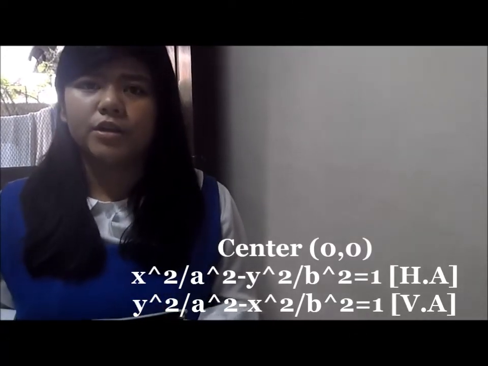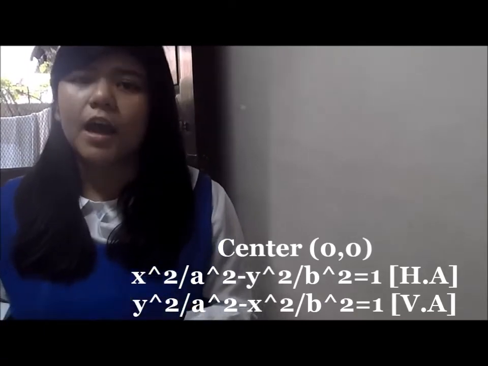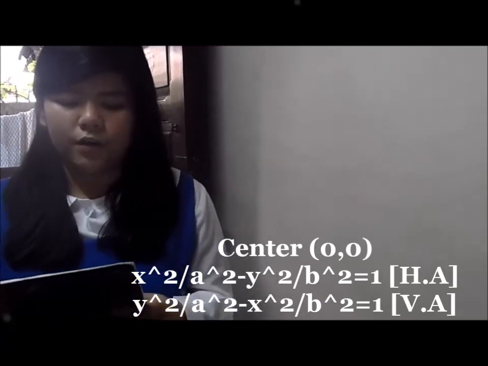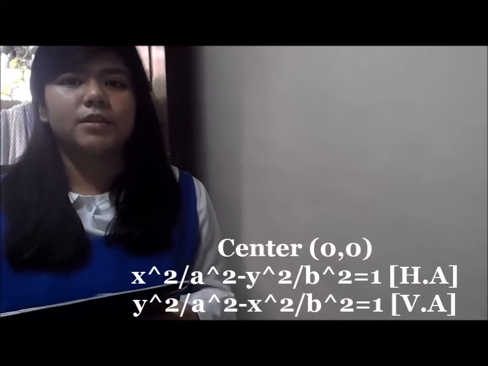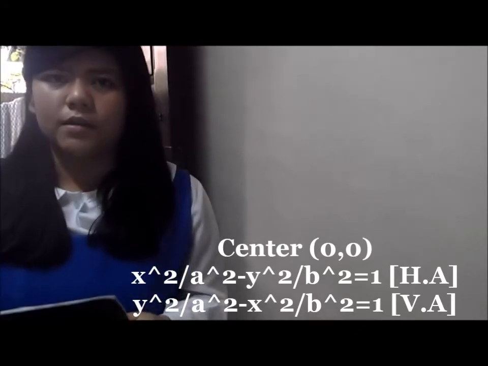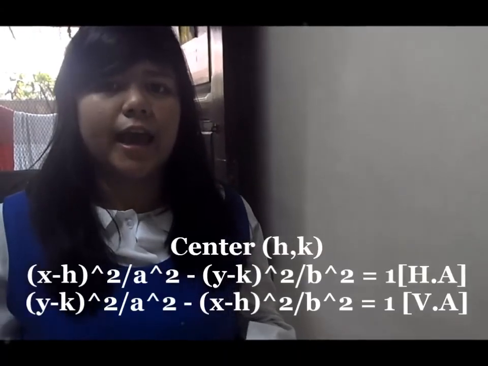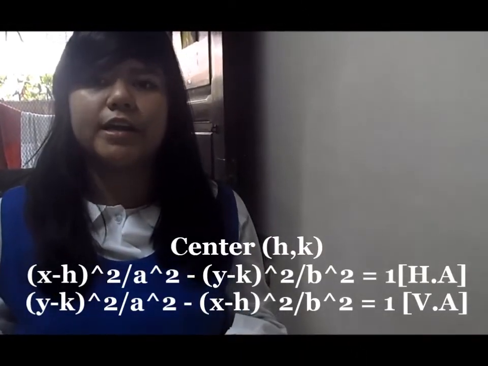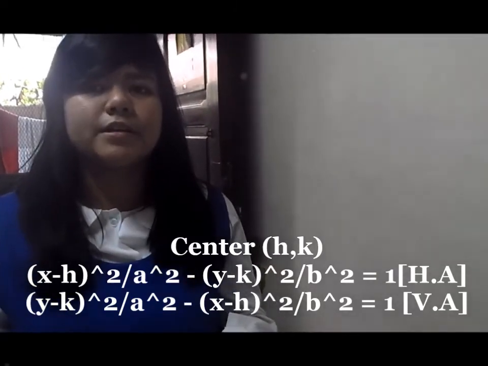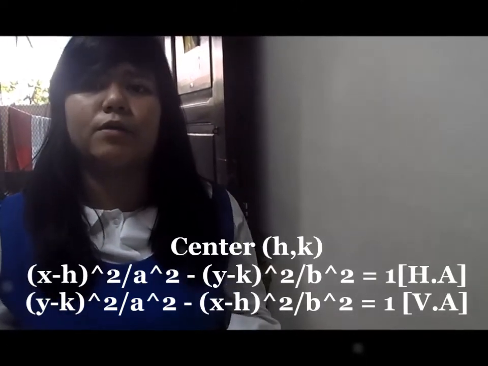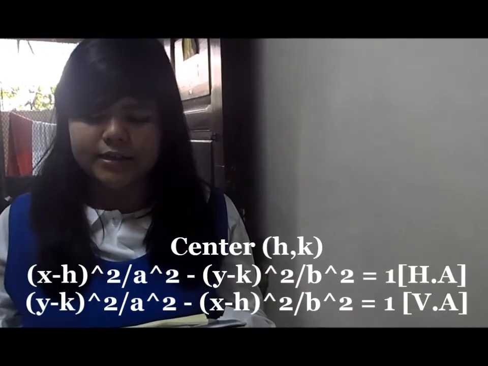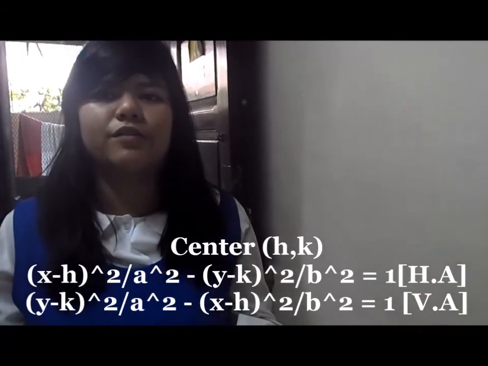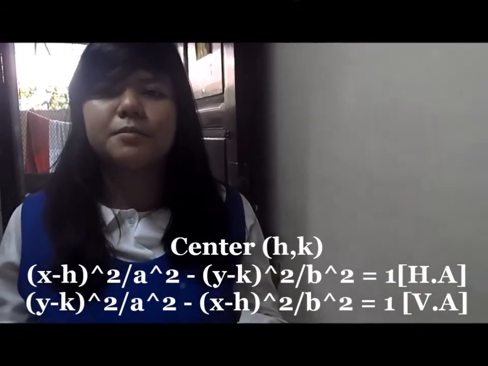And if it is on the vertical axis, the equation is y squared over a squared minus x squared over b squared equals 1. The equation of a hyperbola at center (h, k) at the horizontal axis is (x minus h) squared over a squared minus (y minus k) squared over b squared equals 1. At the vertical axis it is (y minus k) squared over a squared minus (x minus h) squared over b squared equals 1.